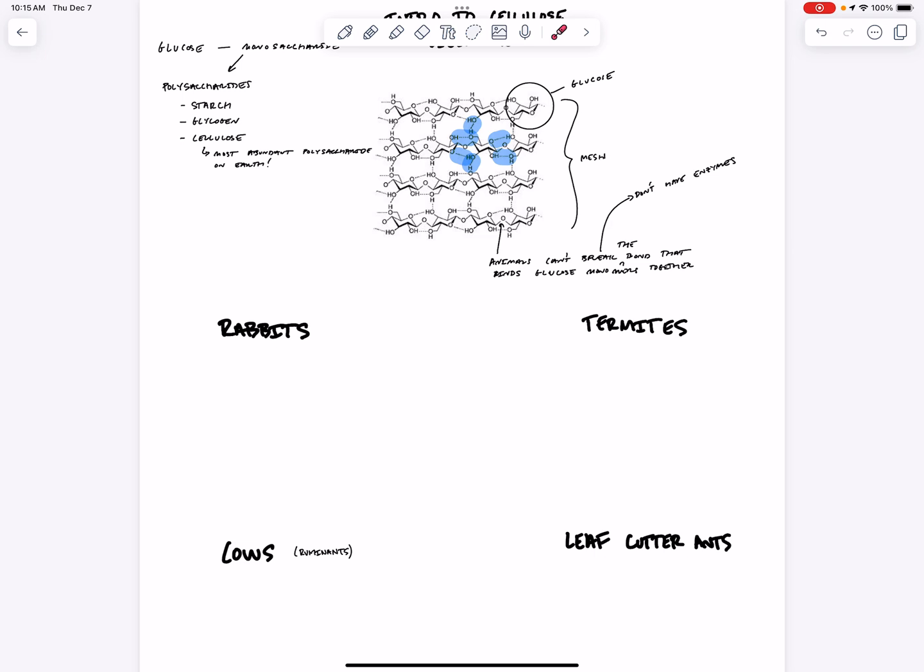So you're going to look for mutualistic relationships between these organisms and the things inside them that are helping them break down cellulose into glucose monomers and therefore extracting the energy from it.